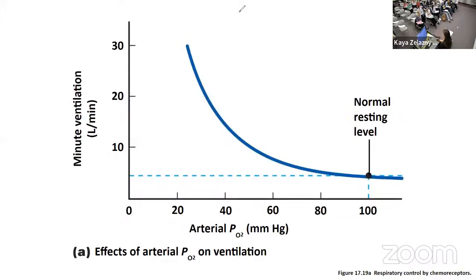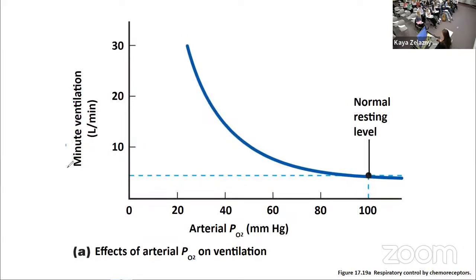So this is referring to how much air you're breathing, the minute ventilation, relative to the partial pressure of oxygen in the arteries. The normal level that we just talked about for oxygen is 100. So oxygen should be at 100 in your arteries. If your partial pressure of oxygen drops to 90, you don't really change your minute ventilation, which means you're not really changing your breathing.